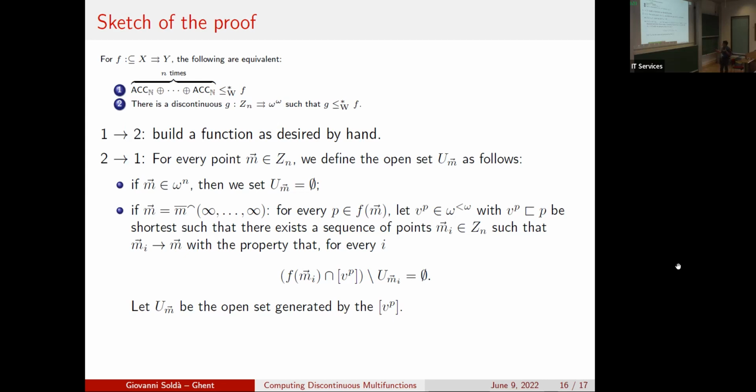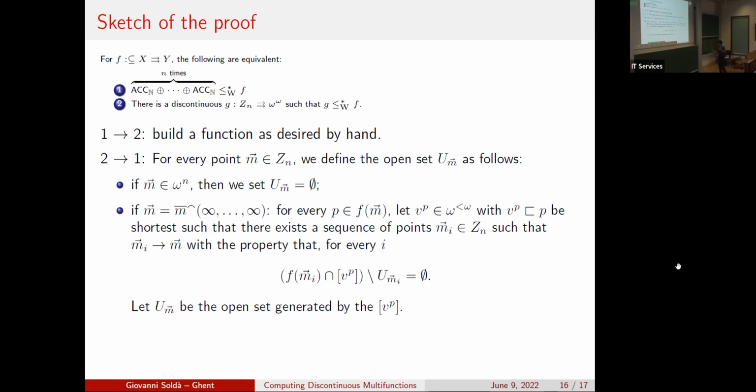We want to consider the strings, defining strings describing an open set, such that there exists a sequence of points converging to this point with the following property: the intersection of the images of the sequence of points may not be empty, but it has to be empty after you remove the bad open sets that you defined for the points in the sequence.